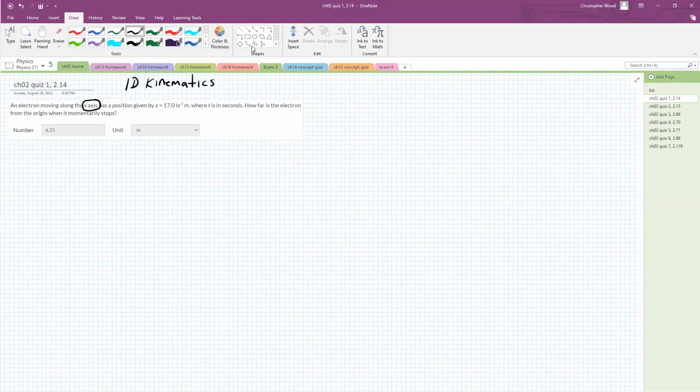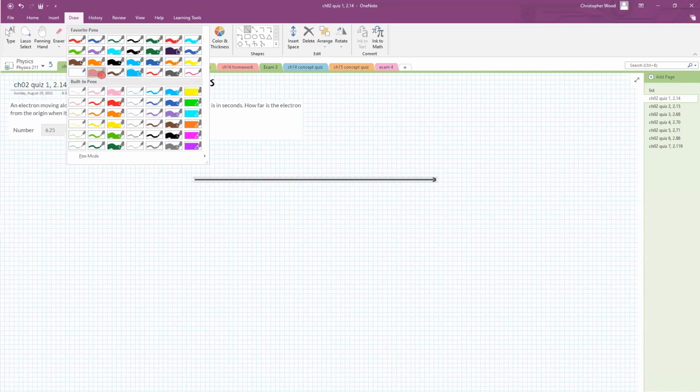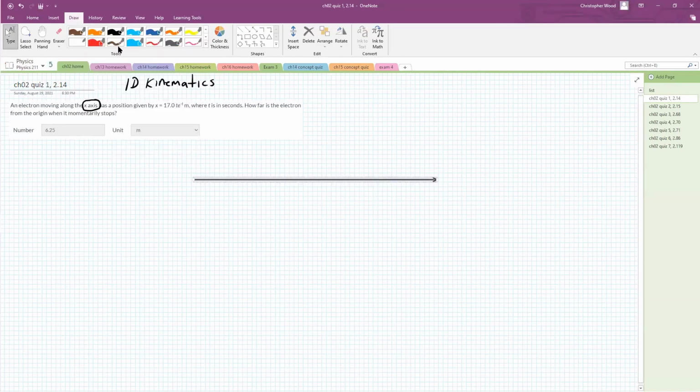So let's draw an electron moving along an axis. Here's an x-axis. Here's an electron sitting on this x-axis right there. An electron is moving along this x-axis. This electron is being guided by a position function. So let's say this is an electron, E minus.